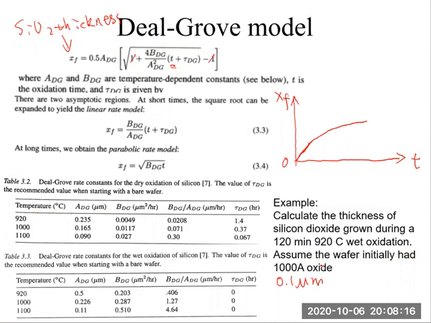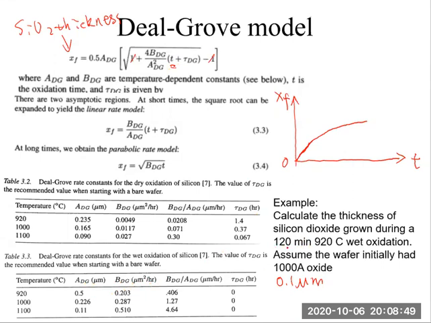How do we solve this problem? We already have this DG model, and we know ADG and BDG, and tau DG is 0. So can we simply plug in the oxidation time T? Please pay attention to the units for ADG and BDG: ADG in micrometers, BDG in micrometers squared per hour.